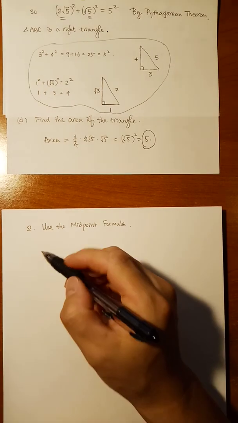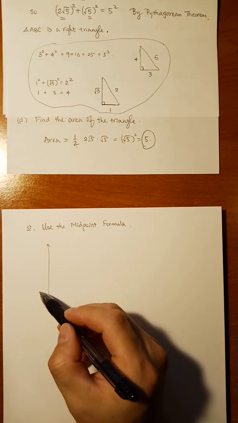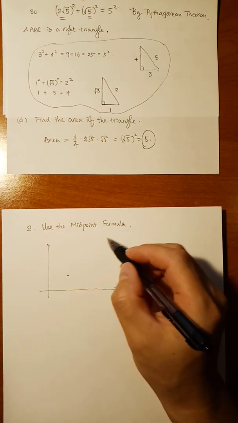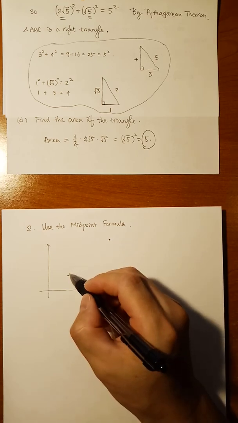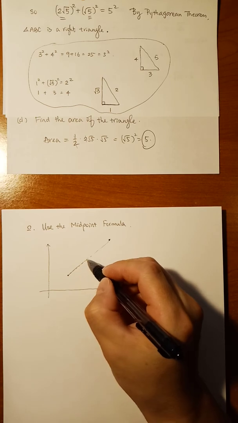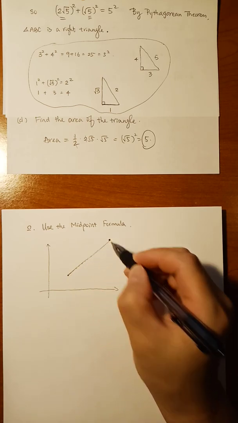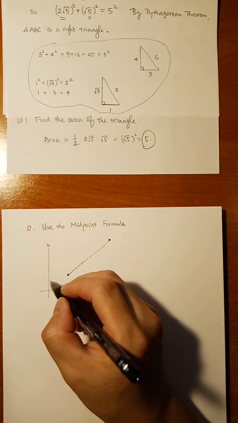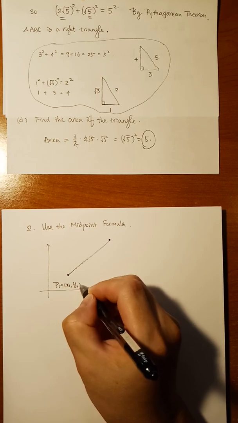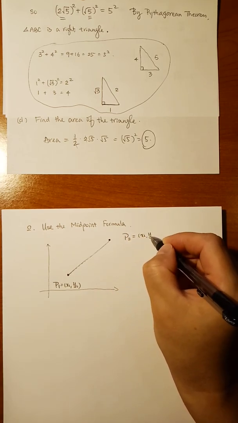Again, this formula works for all pairs of points from whatever quadrant, but in order to simplify the drawing, we only sketch them in the first quadrant. It's not limited to the first quadrant. We have a point P1, which has coordinates x1, y1, and we have a point P2. It has coordinates x2, y2.